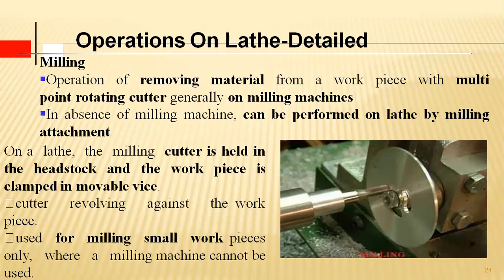And nominally, milling operations can also be performed. To get flat edges or confine the shapes of the workpiece with a multi-point rotating cutter, obviously we would use milling machines.